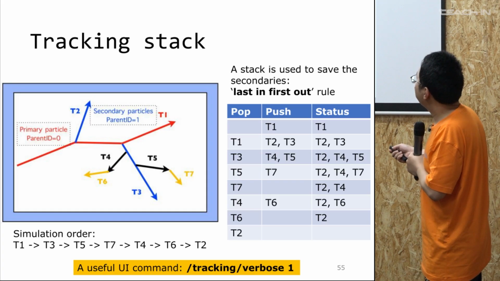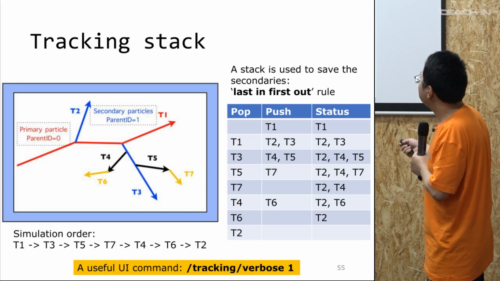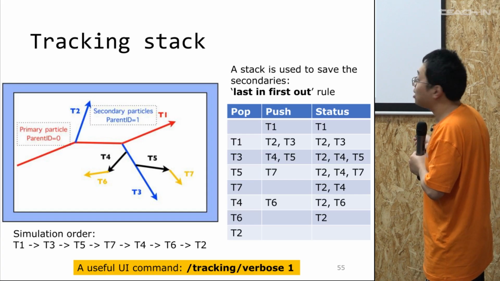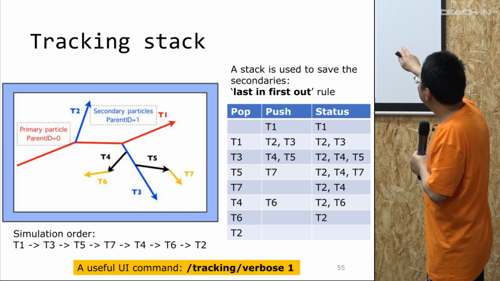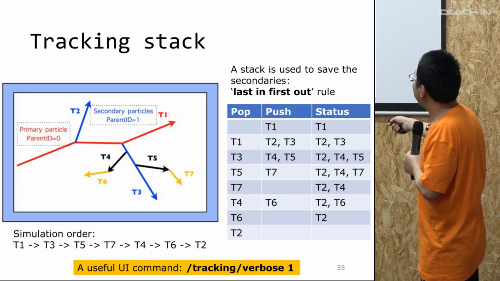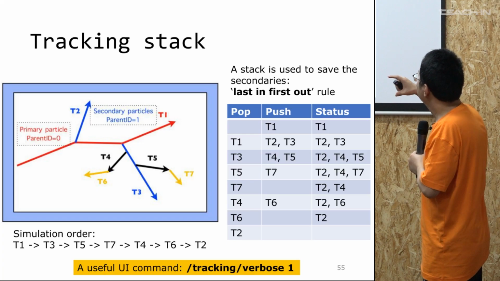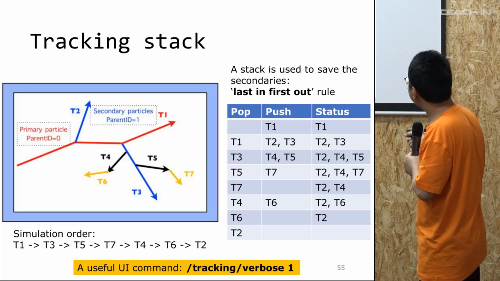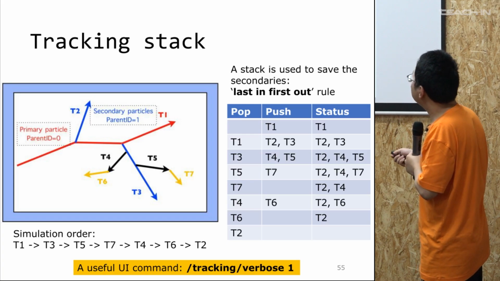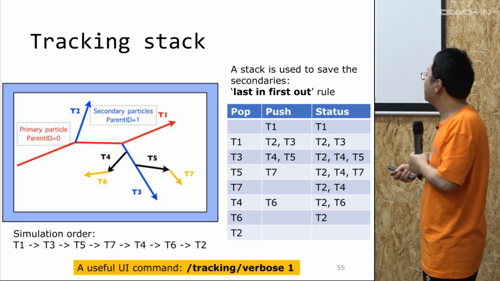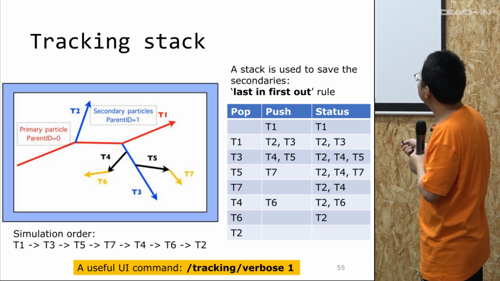You can see T5 is simulated, and then T7 is created, so T7 will be pushed into this stack. Then after the simulation of T5, we can get the T7 from the top of this stack. And for T7, because it doesn't produce any secondaries, there is nothing pushed.